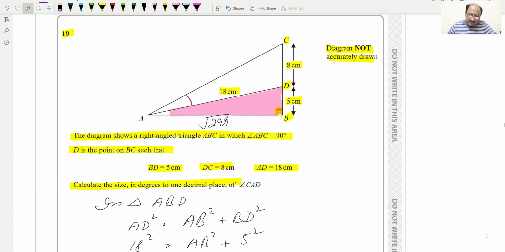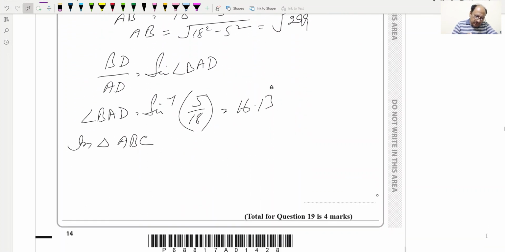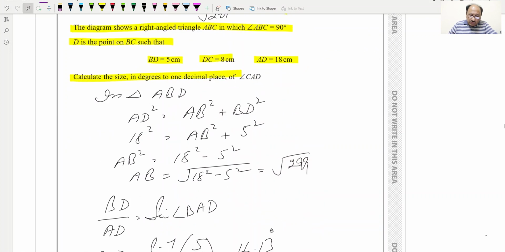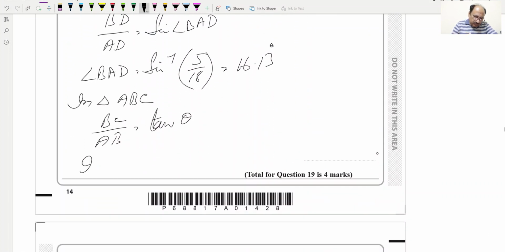BC is 13, so BC over AB will be equal to tan of theta, and theta is this whole angle, so theta will be equal to tan inverse of BC, which is 13, over AB, which we just found, root 299.